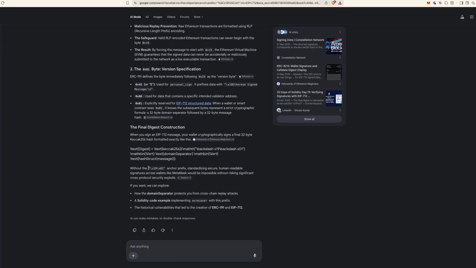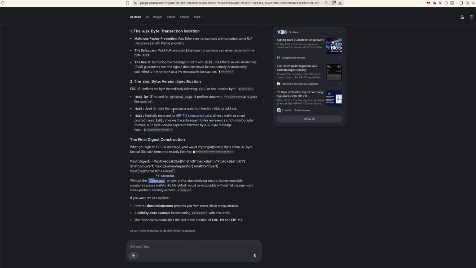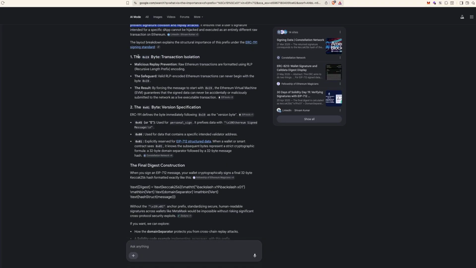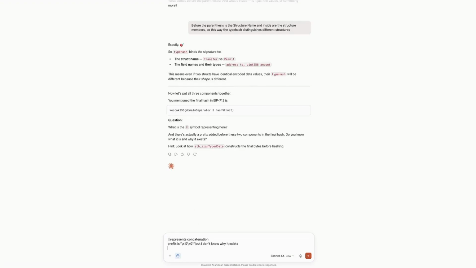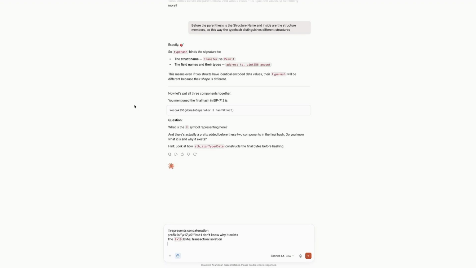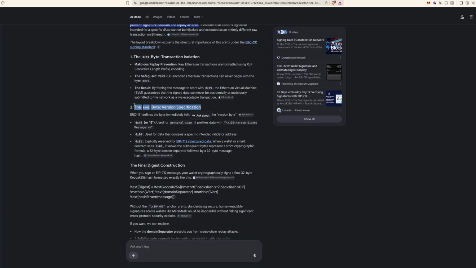Okay. So I haven't understood it completely. So let's ask AI. 0x19 byte is transaction isolation and 0x01 is the version specification.